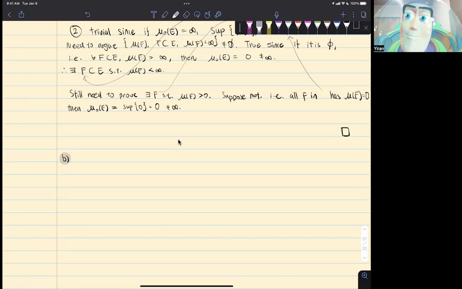But on the right-hand side, since all of the EJs have finite measure, you have the summation from J equals 1 all the way to infinity of mu of EJ, and since each EJ in the case we're considering has finite mu measure, by definition mu of EJ is going to be 0.